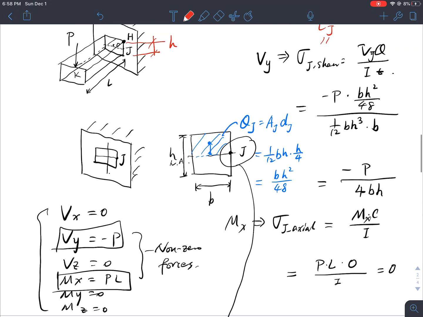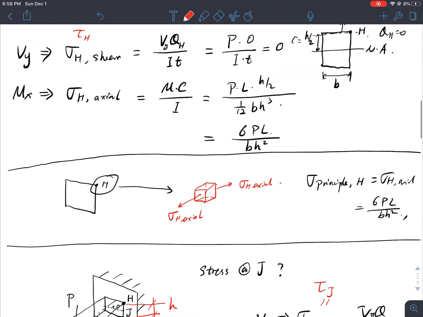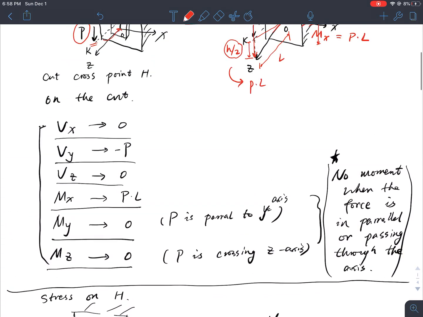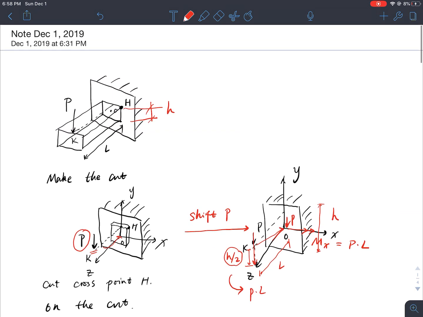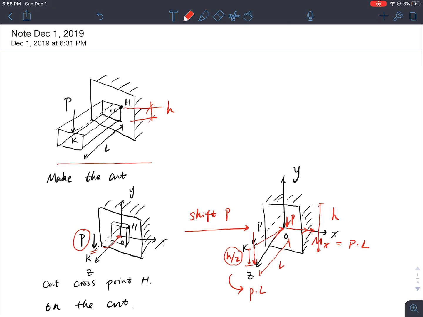All right, so you can see that there are several steps to follow to find the stresses at any cross-section. First you observe the problem, make the cut across the point of interest.